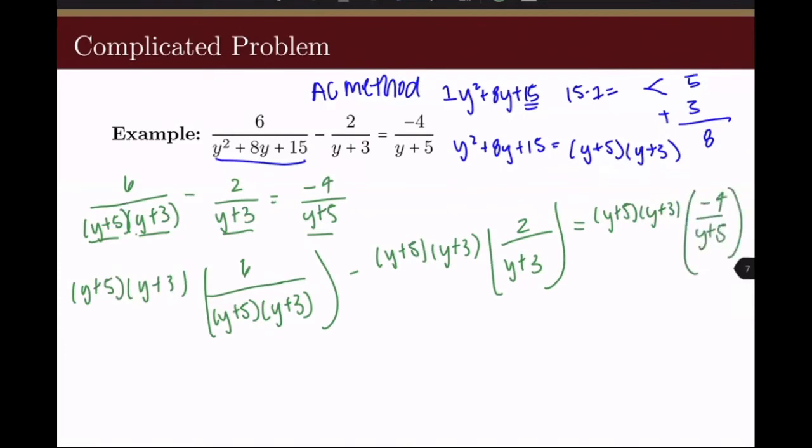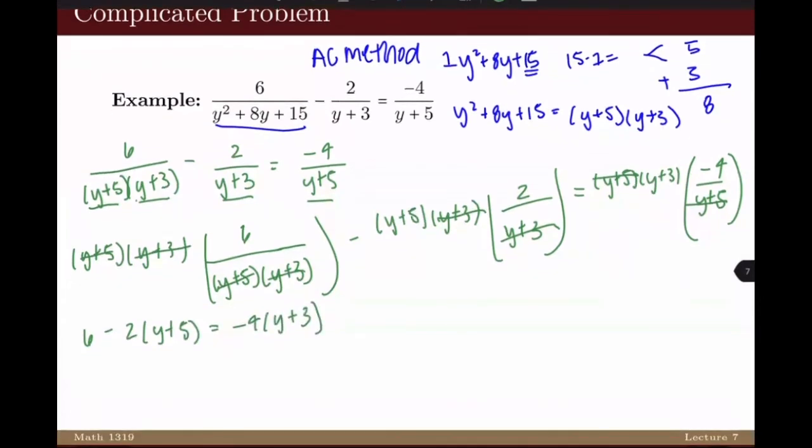Okay, so now we'll clear the y plus 3's and the y plus 5's out of my first one. The second one I can get rid of the y plus 3, and the last one I can get rid of the y plus 5. So that leaves me with 6 minus 2 times (y plus 5) equals negative 4 times (y plus 3).